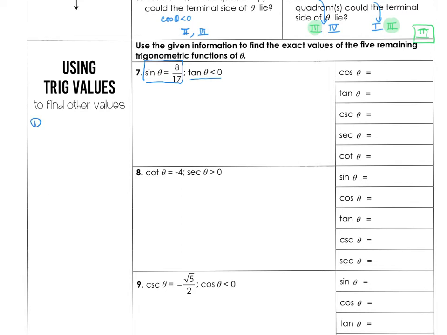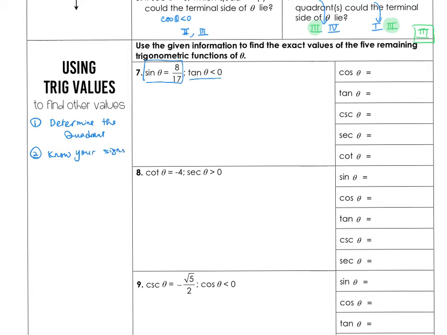So the first thing you need to do is to determine the quadrant. Which quadrant is theta in? Determine the quadrant: first, second, third, or fourth. Then you have to know or find out your signs.